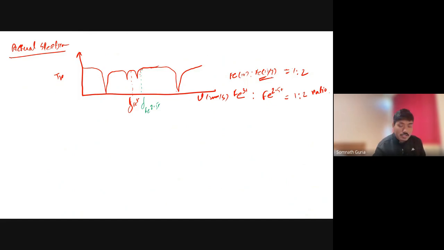We'll get this line because the iron 2.5 gives the higher splitting, so the delta EQ value will be high, and the delta value will be in a more positive direction than the iron 3. Okay, this is how you can solve the problem.